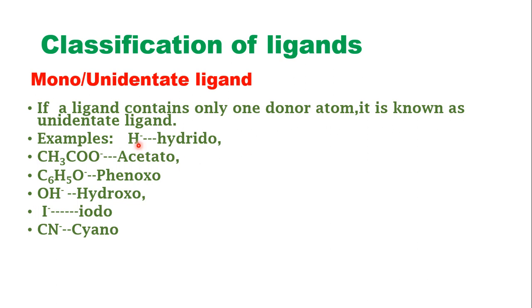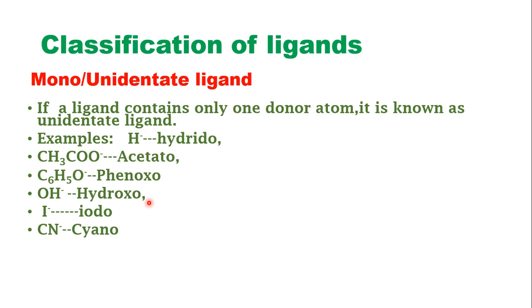So in all these ligands, there is only one donor atom that can donate its pair of electrons to the central metal ion. Suppose in acetato, only this O minus, the charge containing atom, this oxygen is going to donate its electrons. In phenoxo, O is going to bind with the metal center.